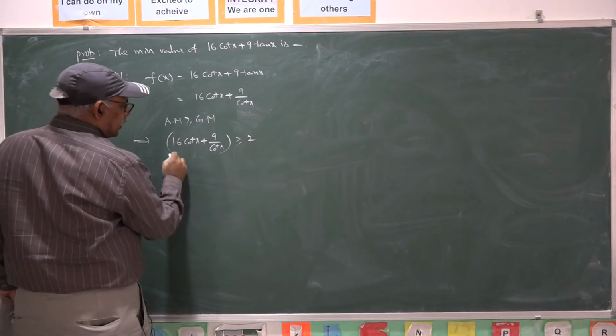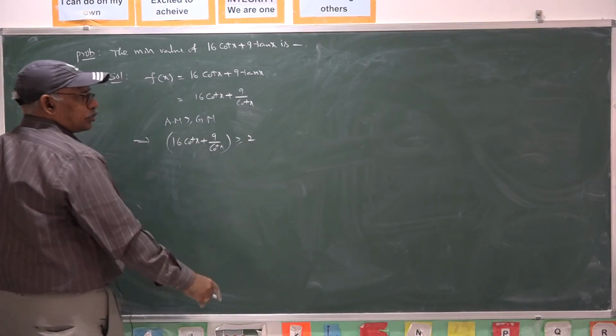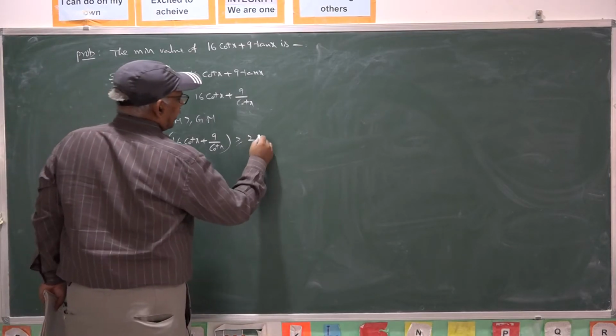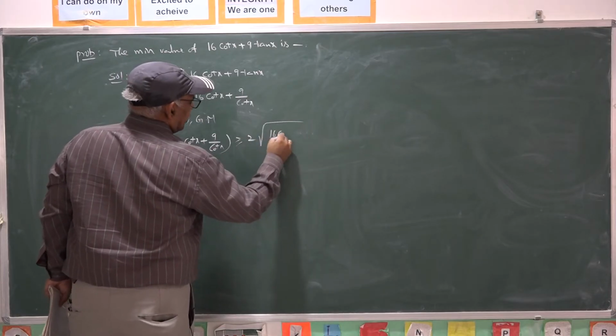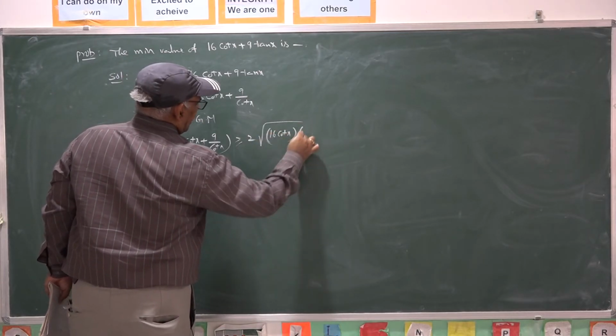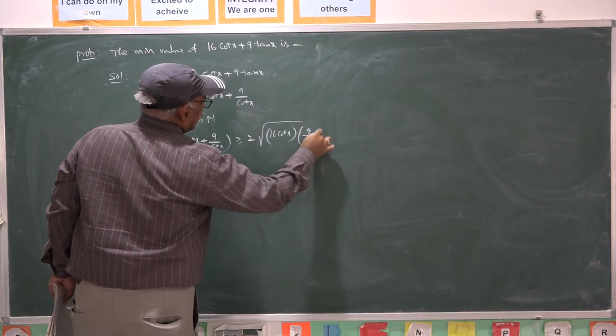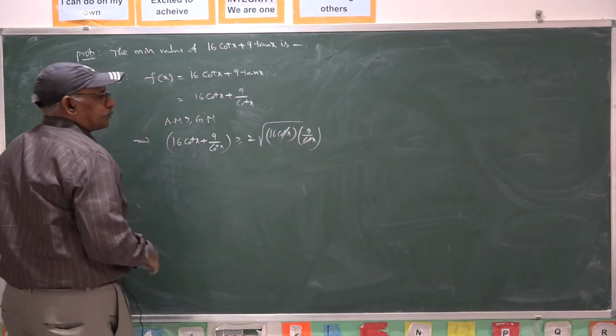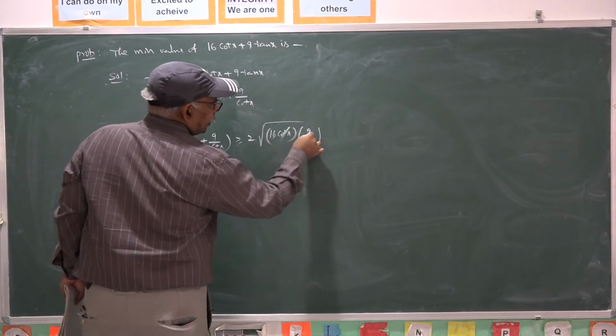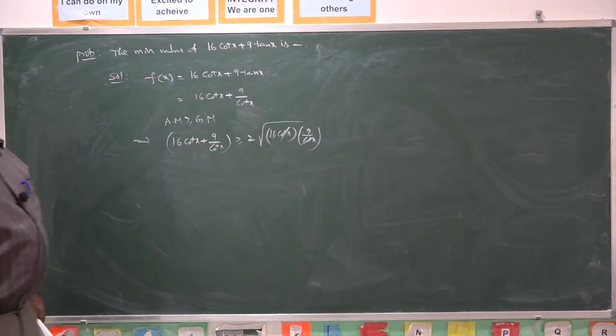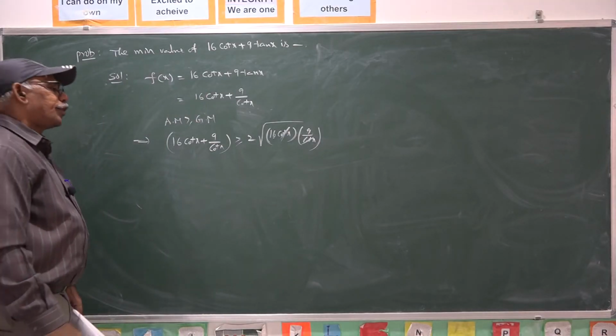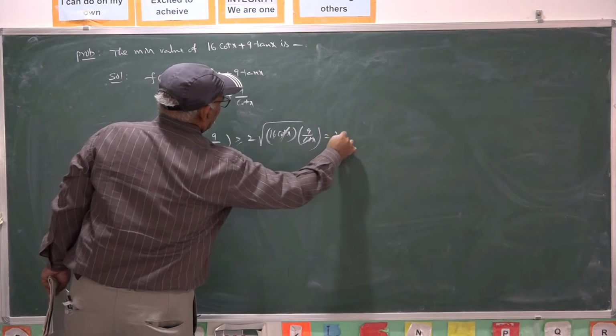Of course, AM means divided by 2, I am taking the 2 this side. Geometric mean is square root of 16 cot x into 9 by cot x. The cot x cancels. Hence, under root 16 into 9 means 4 into 3, 12, twice is 24. Totally 24.